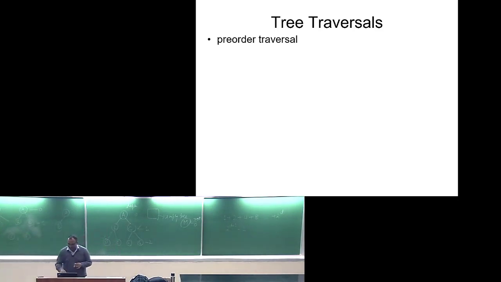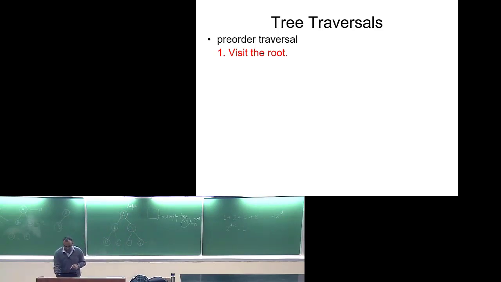In pre-order traversal, look at the algorithm, a fairly simple algorithm. What we do is visit the root. If you have to traverse this tree, if you want to print it out, you start with the root and visit the root.